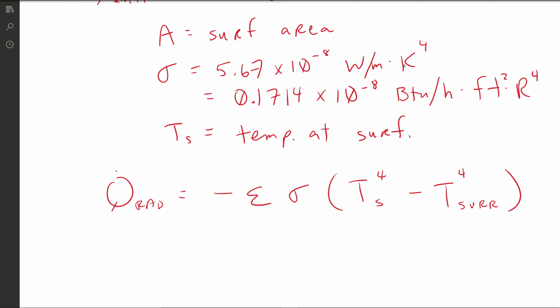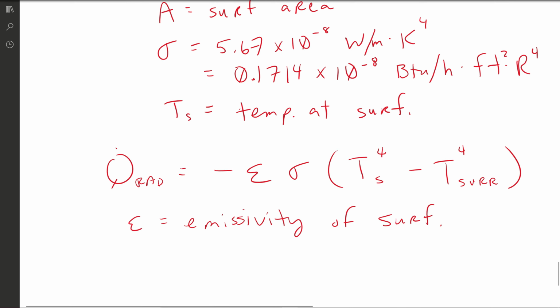And that E is the emissivity of the surface. You can think of emissivity of the surface as the efficiency of a surface at emitting radiation.